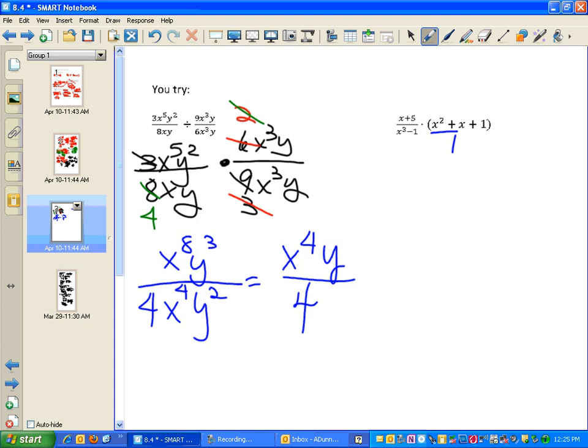Using my colors to help me. So I did, and I know you came up with 3 and 9. But don't you just add the numerators and the denominators? Multiply. So I have an x to the 5th and an x times an x to the 3rd. Isn't that an x to the 8th? And then up here I got a y squared and a y, which is a y cubed.